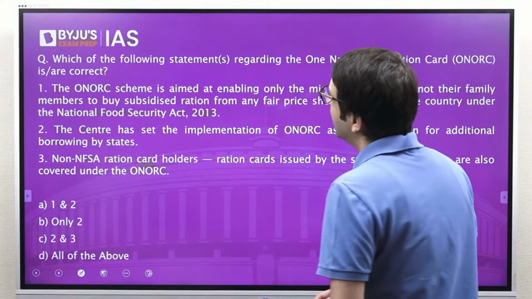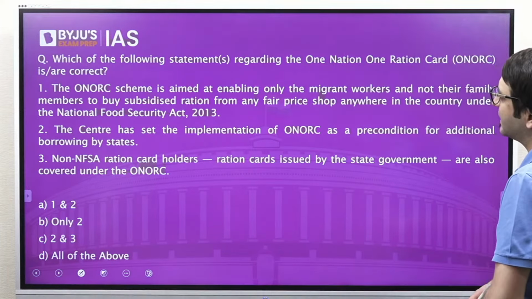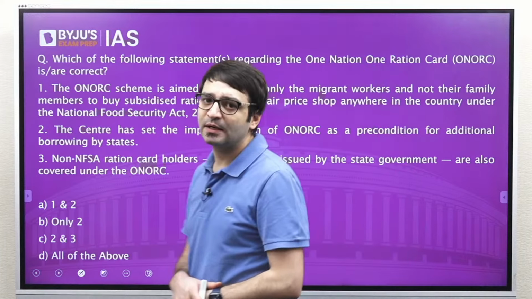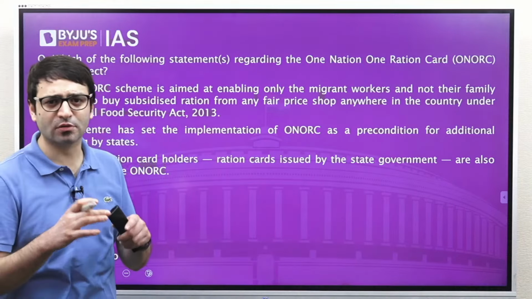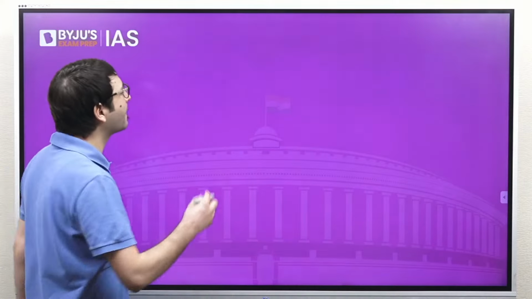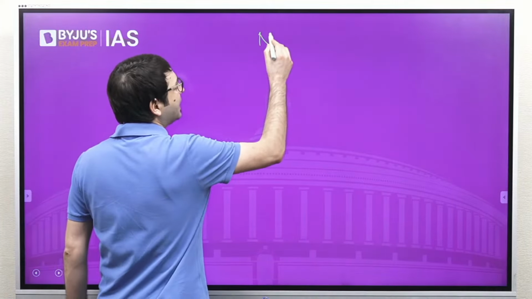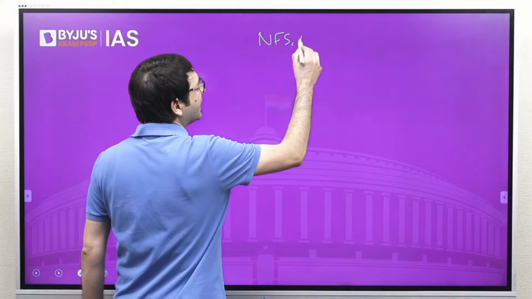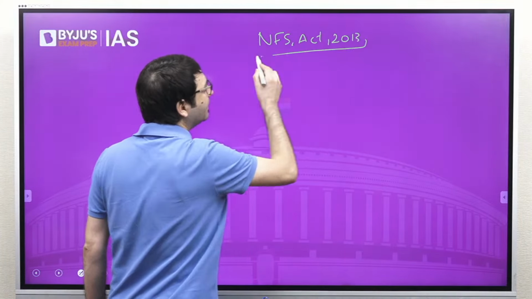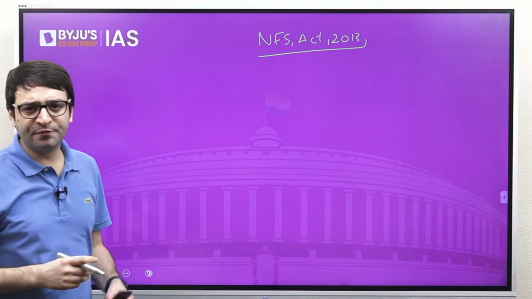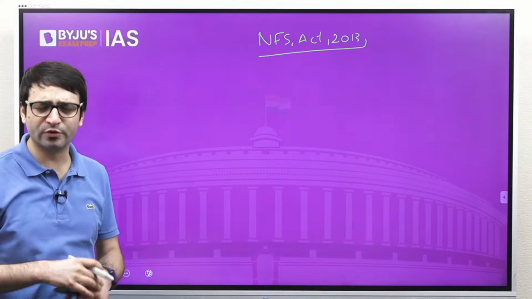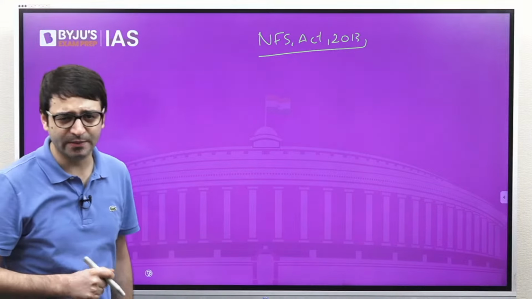Okay. Which of the following statements regarding the One Nation, One Ration Card is or are correct? Let's look at this topic. Very, very important, can be asked in your examination. We have the National Food Security Act of 2013, under which subsidized food is provided to the beneficiaries, provided to the weaker sections of the society.